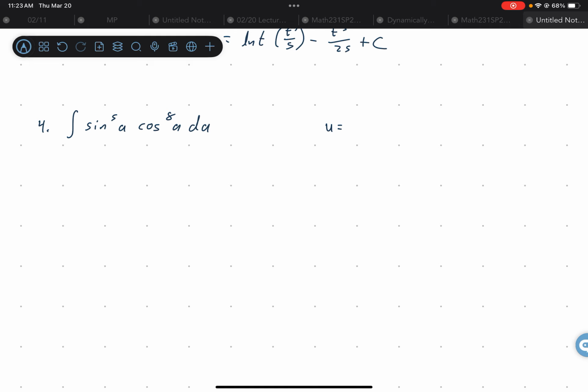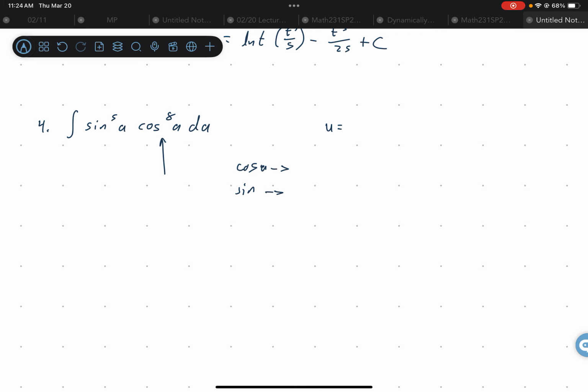And the way to decide what your u is going to be is looking at which one has the higher degree. The other thing to note is when you have cosine and sine functions, when you make one of them u, one of these is going to switch. So you're going to have du equals negative sine dA, whatever this is. But that means that dA, which is right here, is going to be du over negative sine a, which means we're going to be able to take 1 degree away from the other term over here. And then same for sine.